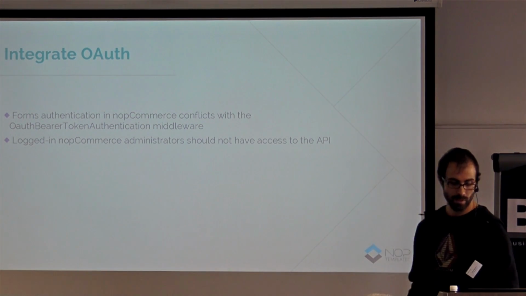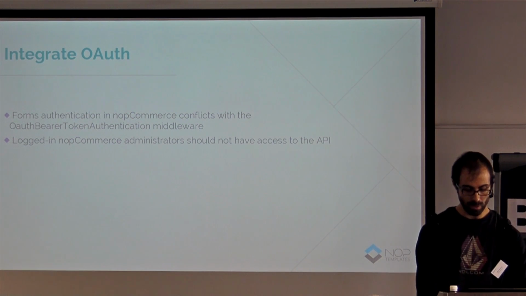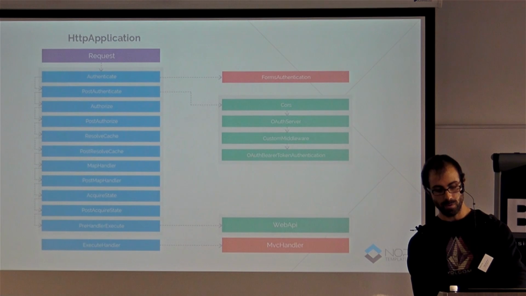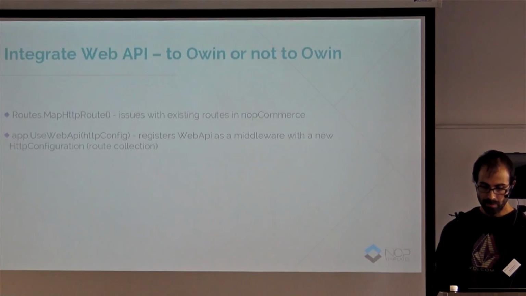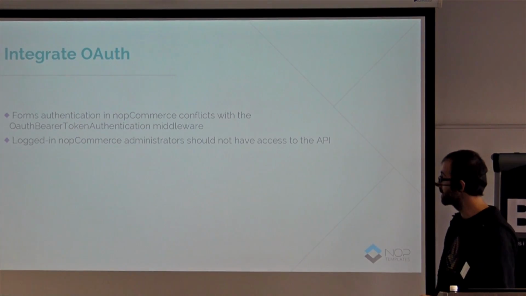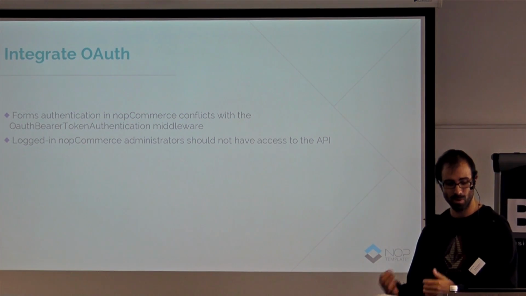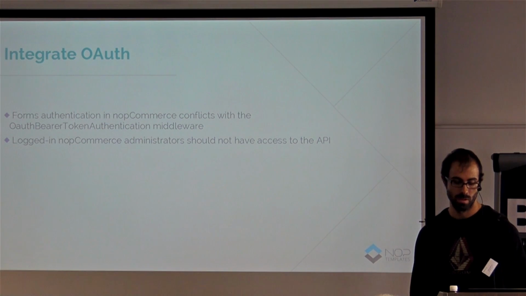And when the bearer token middleware executes, which by default is going to execute at the pre-handler execute event, it will see that the current principal is already set, and it will just let the request go through.